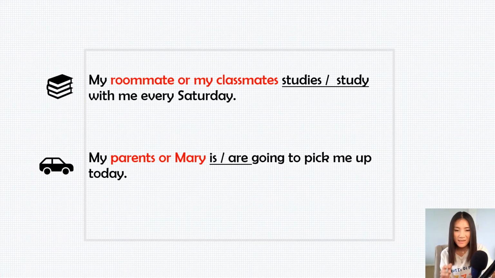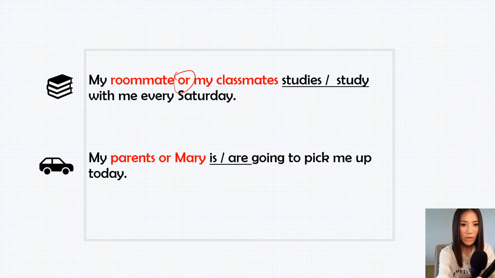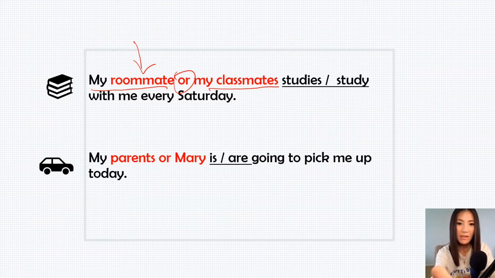However, in these sentences, things get a little bit more complicated because in the first sentence, it says my roommate or my classmates, right? So again, I have my word or, and I have my two subjects here. One is singular, roommate, and one of them is plural, classmates. So depending on who studies with me, if my roommate studies with me, then it's going to be singular, studies.